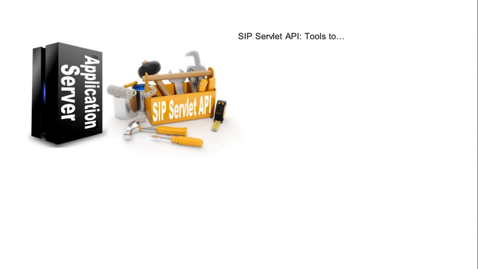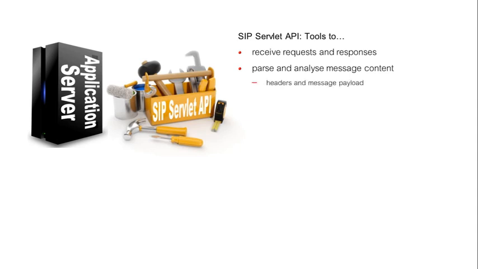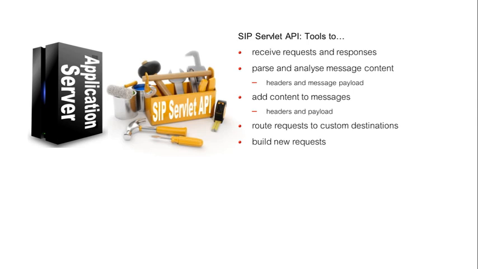The SIP Servlet API toolbox provides all the tools needed to receive requests and responses, to parse and analyze message content, including headers and message payload, add content to messages, including headers and payload, route requests to custom destinations, build new requests, use timers, handle forking, state management, and so on. It's a really comprehensive set of tools that greatly simplifies application development.